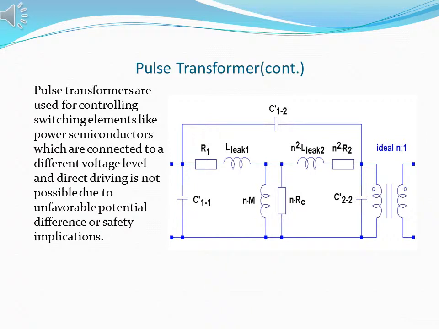The quality of transmission of fast transients in pulse or wideband transformers depends on such parasitic parameters like resistive losses, leakage inductance, interwinding capacitance and winding self-capacitance.